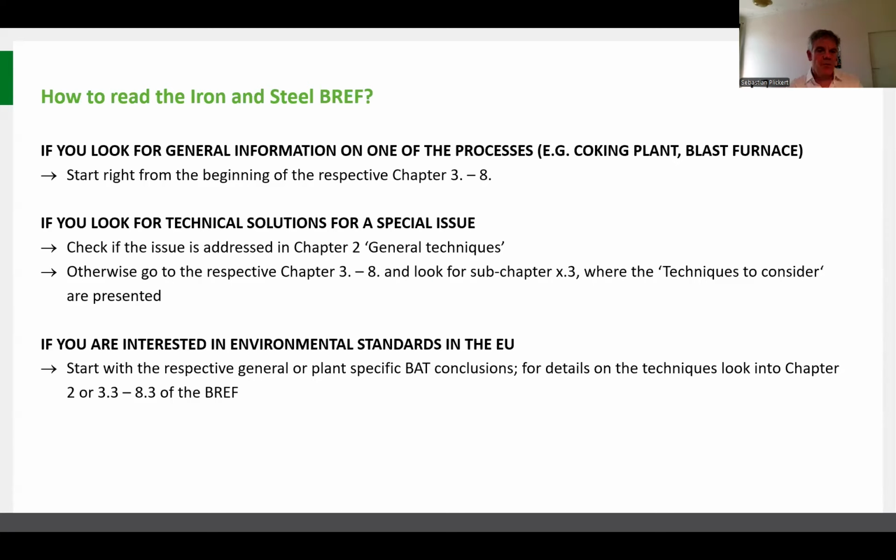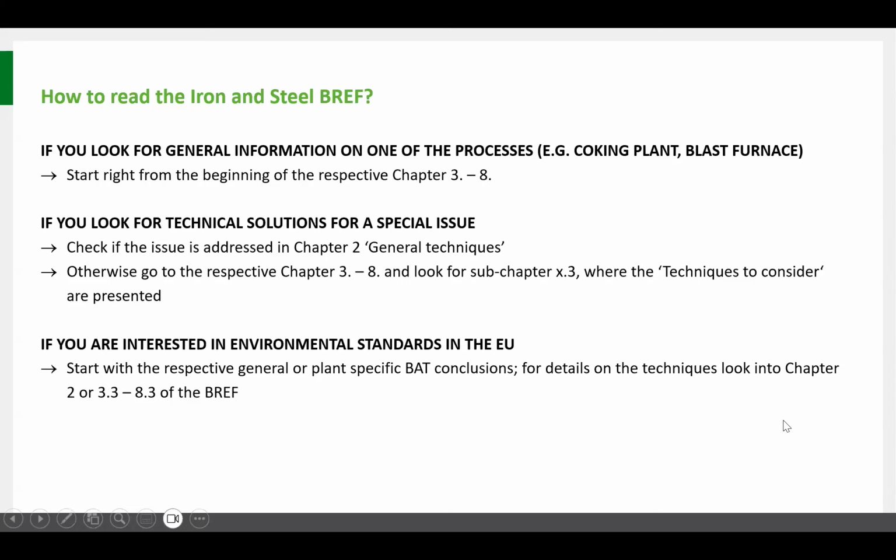If you look for special technical solutions for an issue, then first it would be good to look into chapter 2, general techniques. And if you don't find things there, then go to the respective chapters 3 to 8. And in particular, there are subchapters where the techniques to consider are presented.